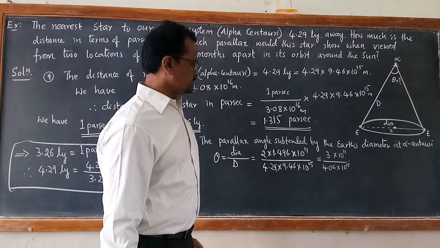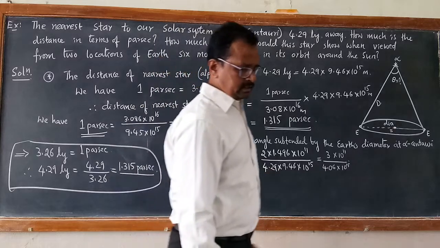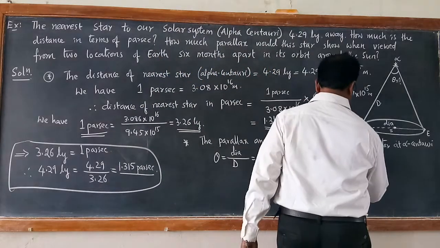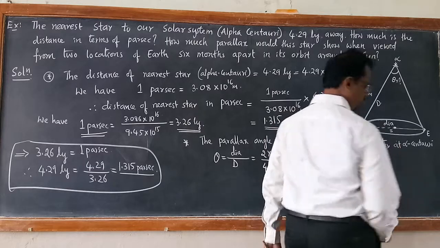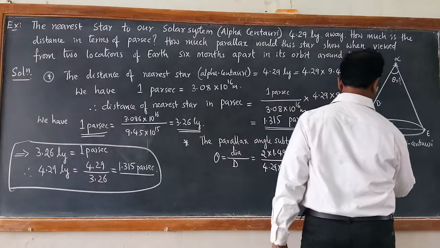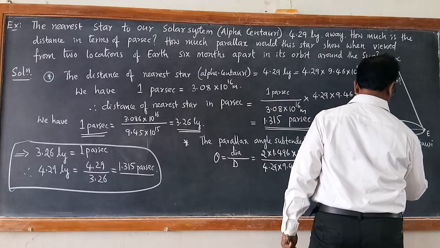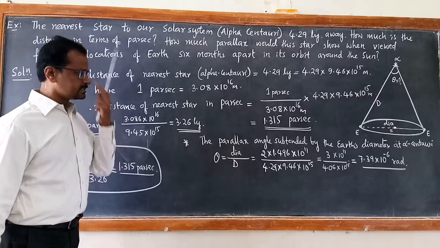If you calculate this, you are going to get the angle in radians. So this comes out to be 7.39 into 10 to the power of minus 6 radians.